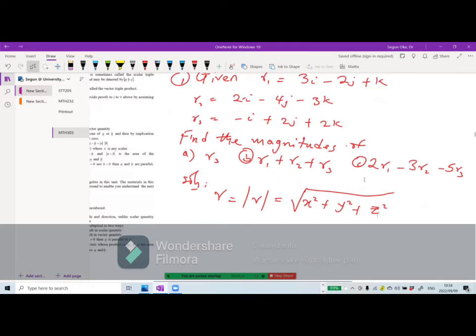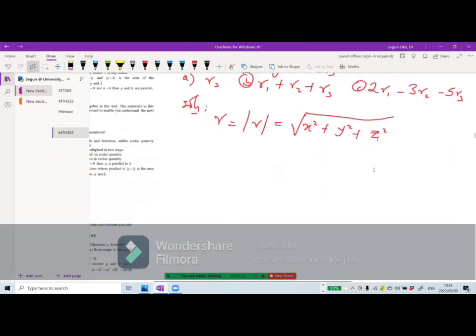You can look for the proof in other materials, but here we only need to apply it. Let's start with A. A asks us for the absolute value of R3.